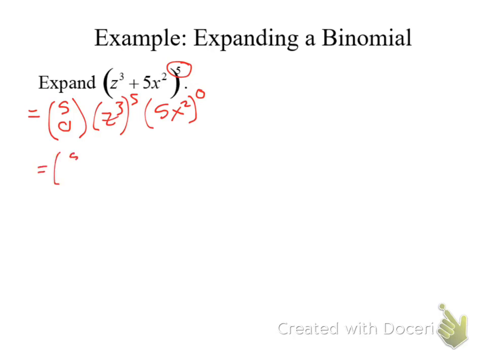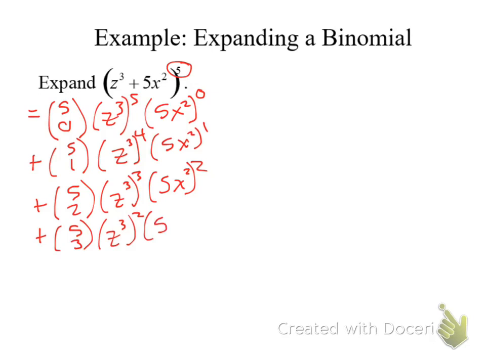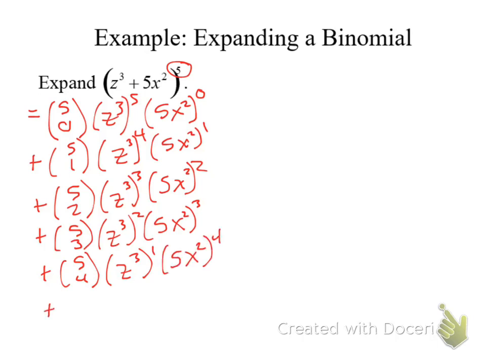So then it would be plus 5 choose 1 z cubed to the 4th 5x squared to the 1st, plus 5 choose 2 z cubed to the 3rd 5x squared to the 2nd, plus 5 choose 3 z cubed squared 5x squared cubed, plus 5 choose 4 z cubed to the 1st 5x squared to the 4th, plus 5 choose 5 z cubed to the 0 times 5x squared to the 5th.